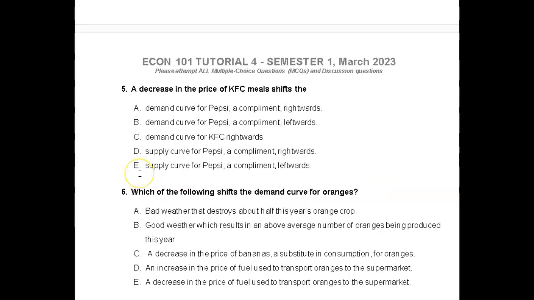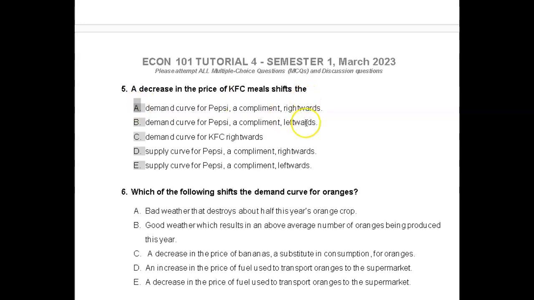Now, number 5. A decrease in the price of KFC meals would shift the. Okay, so this is a complement, Pepsi, a cold drink with a meal. So firstly, it won't affect supply, it's going to affect demand, because KFC is a business that deals with customers. So it's definitely going to be rightwards.